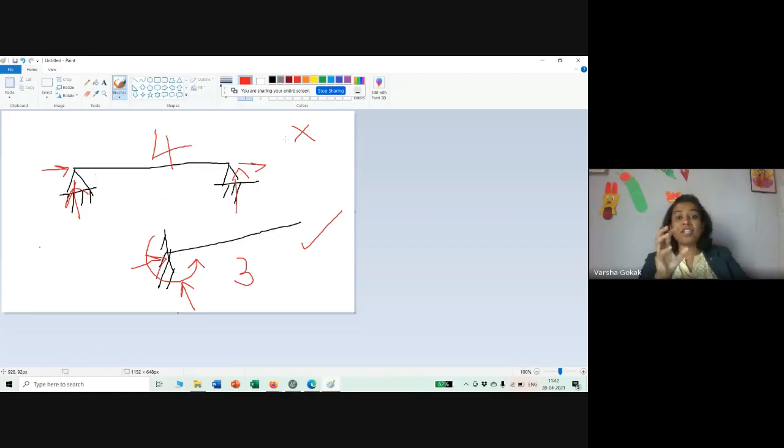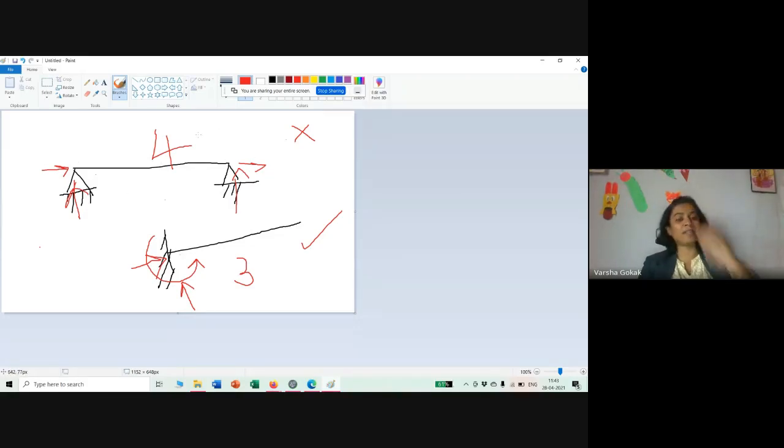So the definition of determinate and indeterminate structures: determinate means there are 3 equations of equilibrium available with us. If the total number of unknown reactions in a beam or any structure is equal to 3 or less than 3, I will be able to analyze that structural element using the 3 equations of equilibrium, that is Fx, Fy and M. If it is more than 3, say I give you this beam with both sides hinged, the number of reactions is 4.